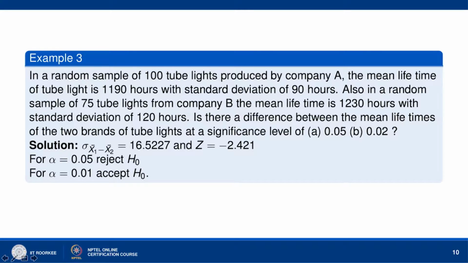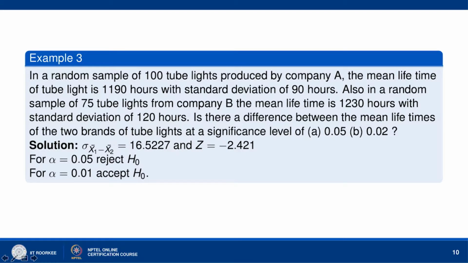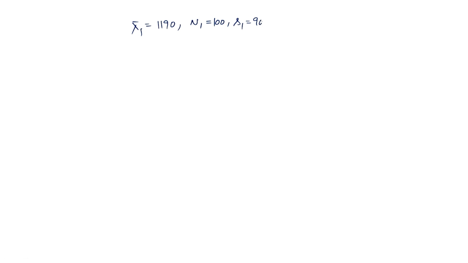Now, let us do the problem number 3. In a random sample of 100 tube lights produced by company A, the mean lifetime of tube light is 1190 hours with a standard deviation of 90 hours. So, we have here x1 bar equal to 1190, n1 equal to 100, standard deviation S1 equal to 90 hours.